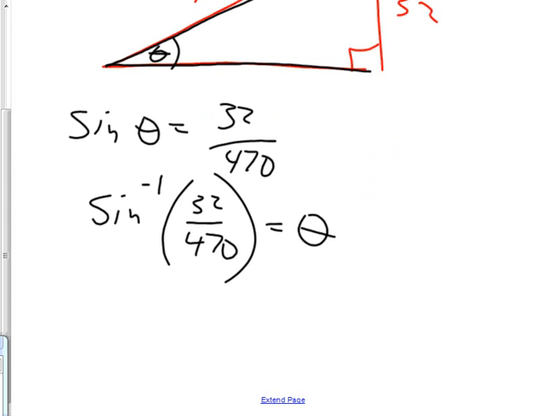Basically, that's the difference between option A and option B. They're both equations, but option B is solved for theta, and so I can just put it right in my calculator. So go ahead and do that, and you'll get your answer.